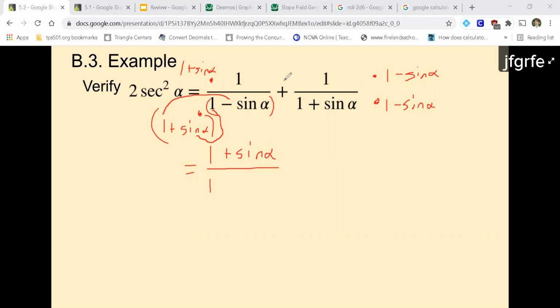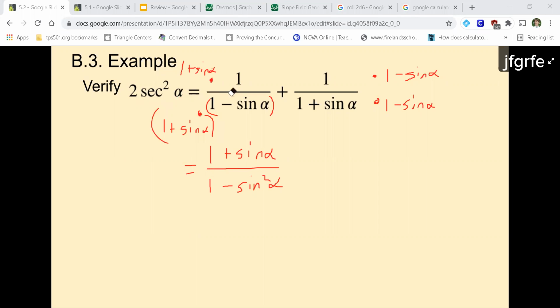Negative sine plus a positive sine cancels out. And then sine times negative sine would be negative sine squared. So if you remember that shortcut, you can multiply conjugates together by just squaring each term: 1 times 1 and sine squared, and then write the difference, 1 minus sine squared.